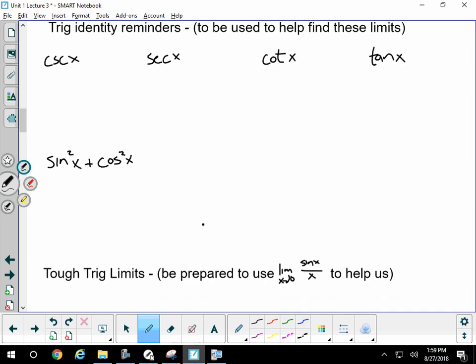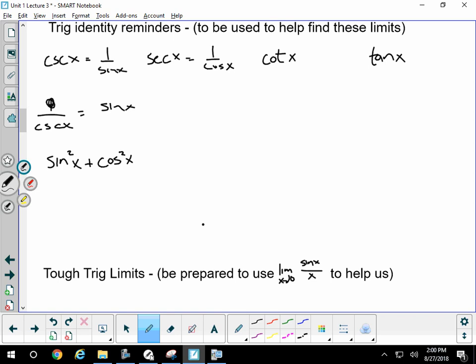We also remember all of our trig identities. Cosecant is 1 over sine. Secant is 1 over cosine. It's important to know that if you have these in a denominator, like cosecant in a denominator, it's the same as sine in the numerator.